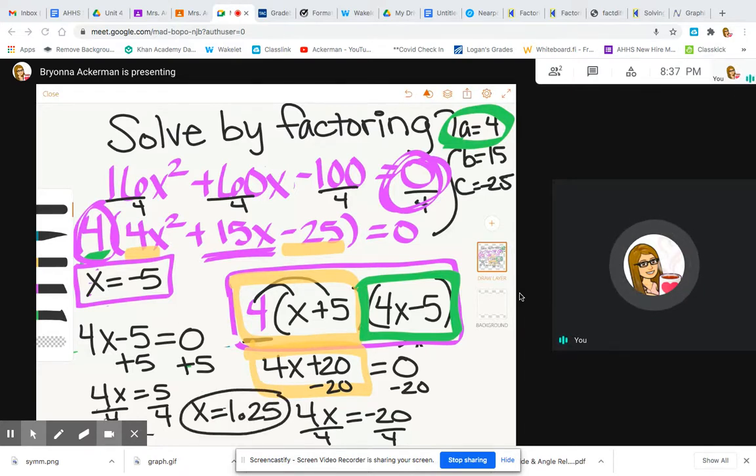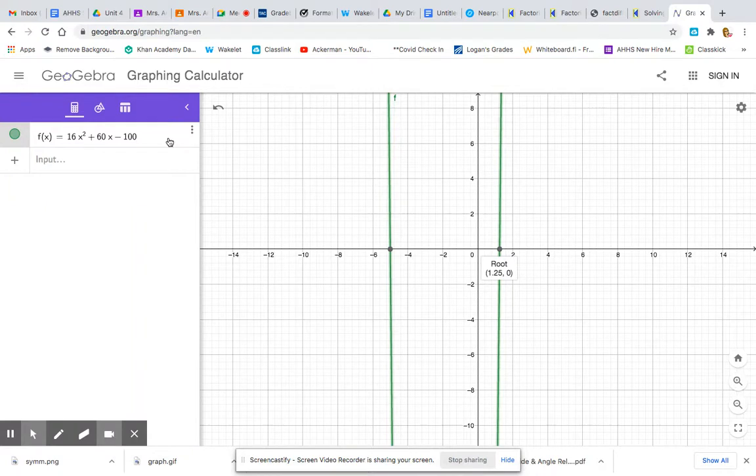Now remember, I talked about the solutions being the x-intercepts or the zeros or the roots. These are all the same names. On the graph, you'll see these as the x-intercepts. I had pre-graphed it for us. Right here is the original function, and I graphed it.